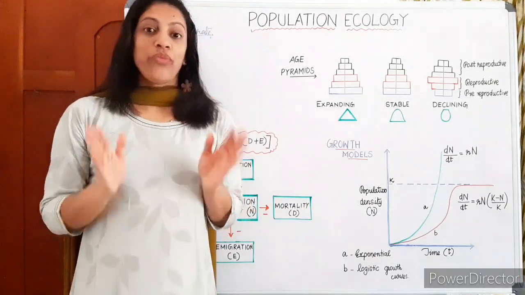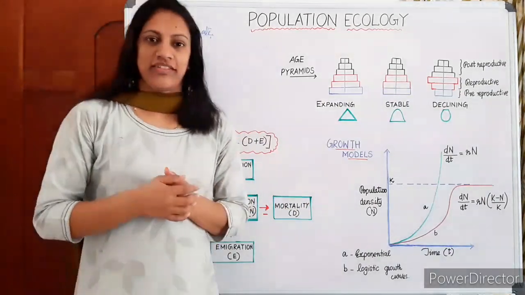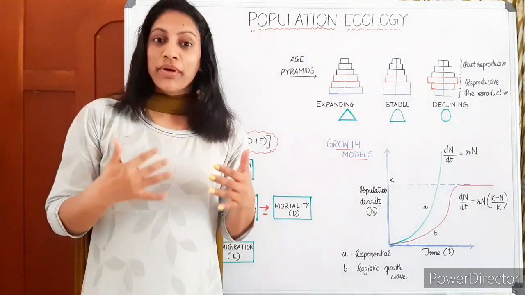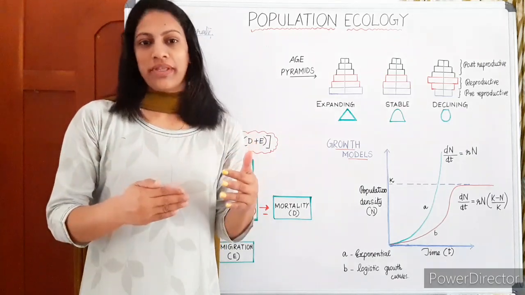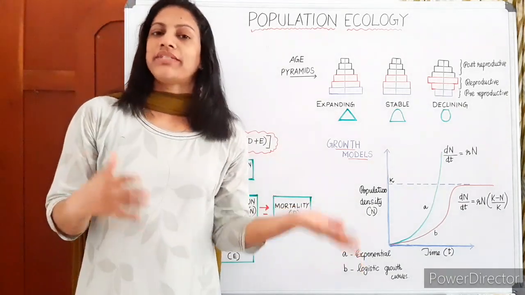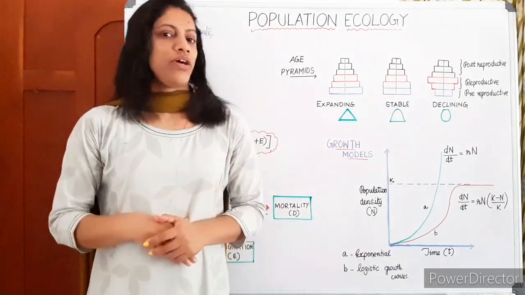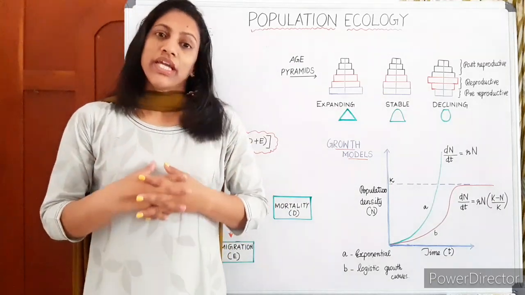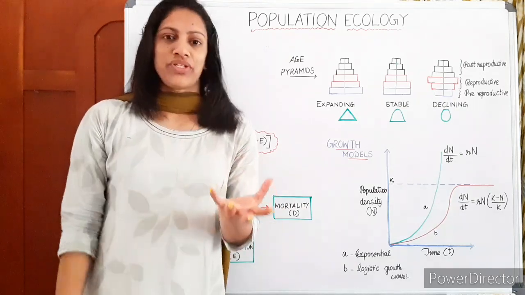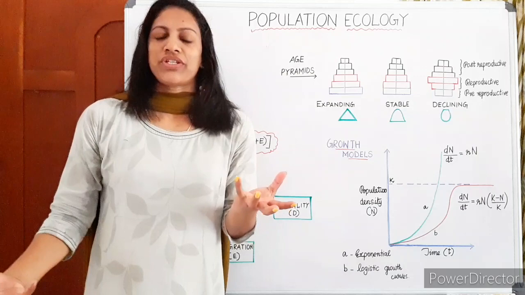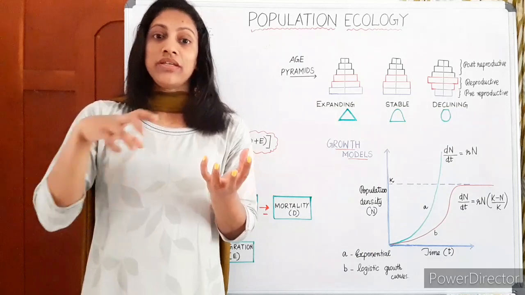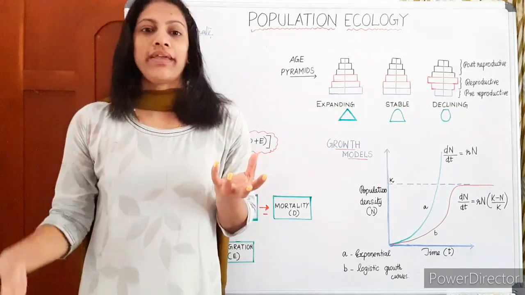In the same way, the death rate is the per capita decrease. It is calculated as the number of individuals who died in a particular period divided by the total number of individuals. The same way we calculated the birth rate, we can do this. For example, initially there were about 100 individuals in a petri dish, any micropopulation or any population, and during the course of the experiment in a week, suppose 10 of them died.